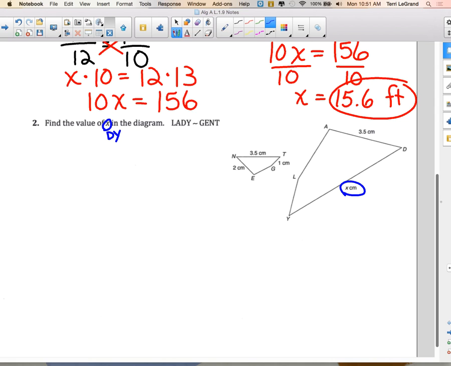So again, remember how you can double check to see which sides are corresponding? You can use the name to help you make sure you did a good set of corresponding sides.